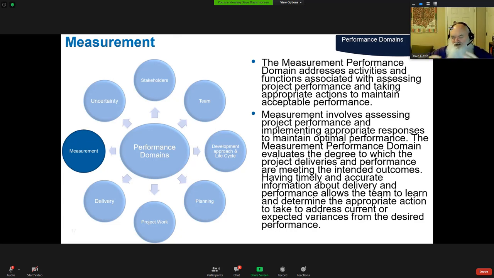So in order to achieve those and be able to demonstrate that we've succeeded at that, we're going to put in measurement pieces.